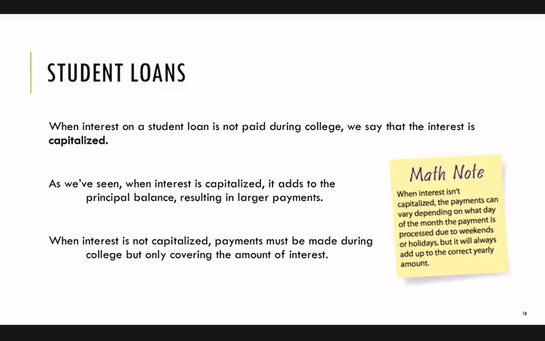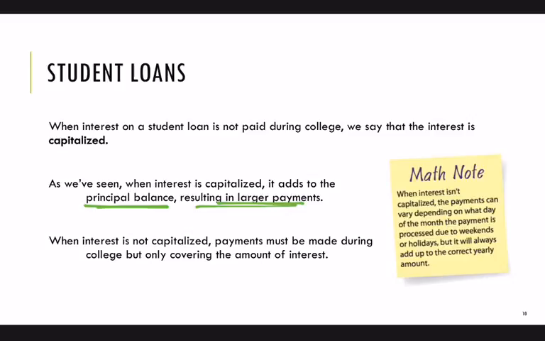Capitalizing a loan maximizes the amount of interest that you will pay. If you're not paying the interest off during college, then that's just continually adding to the principal, and then over time that's going to result in larger payments when you do start to make those payments, including interest.